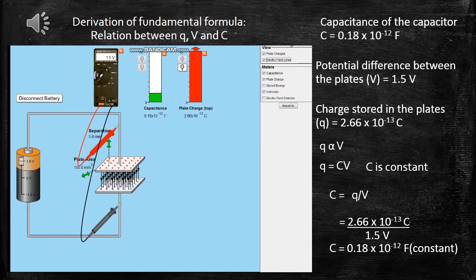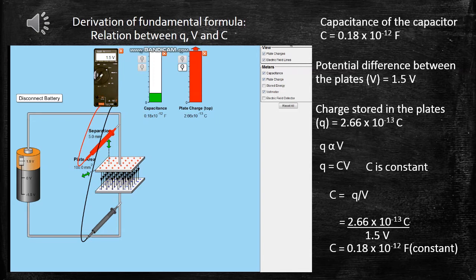It shows that Q is directly proportional to V. The meaning is, when the potential difference is increased, the charge stored on the plate will also be increased. When these two are varied, in between there is a constant. The name of that constant is C. That C is nothing but capacitance. So the capacitance of the capacitor will always be a constant.